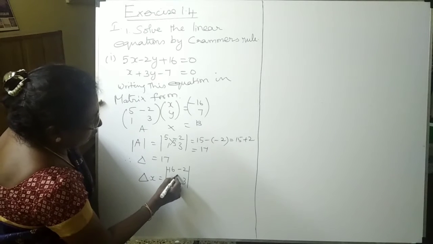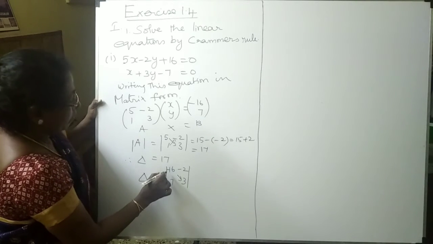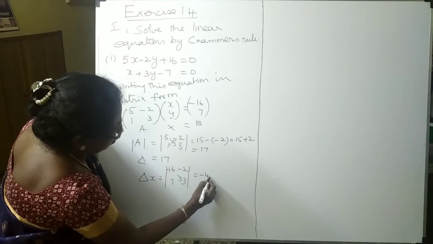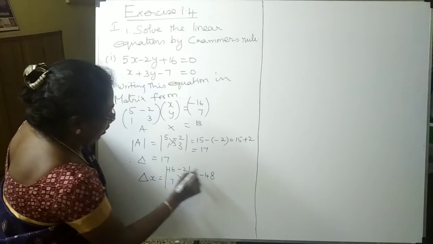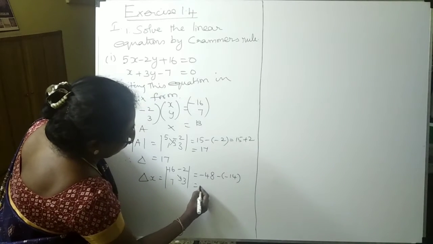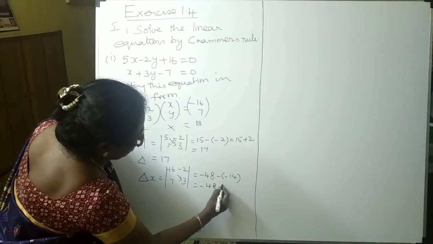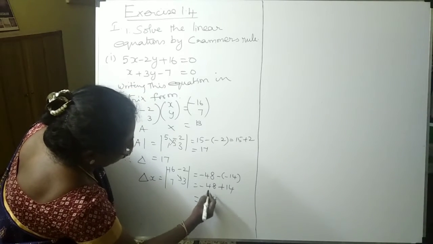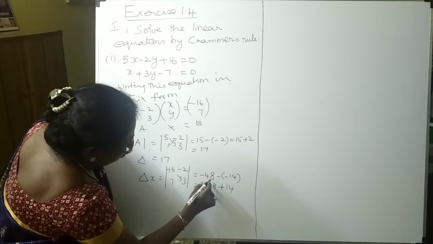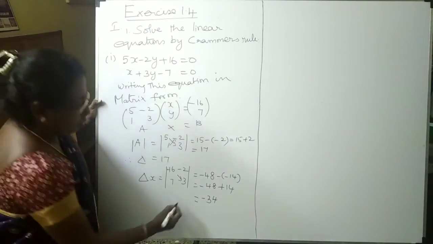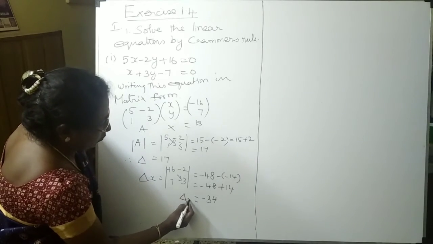Expanding this determinant: minus 16 into 3, minus 48, minus of minus 14, so this is minus 48 plus 14, which is equal to minus 34. So, this is your delta x value.